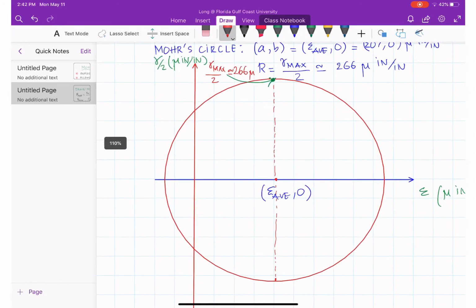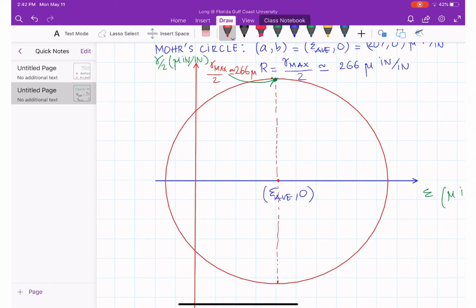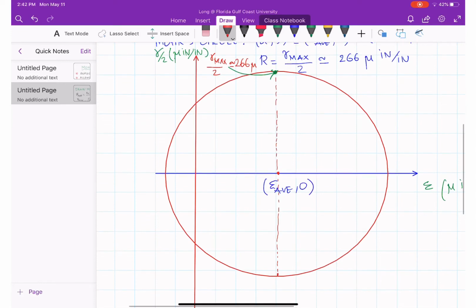And then we have epsilon 1 and epsilon 2. The intersection of the Mohr circle with the horizontal on the right will be epsilon 1, and the other, on the left, will be epsilon 2.